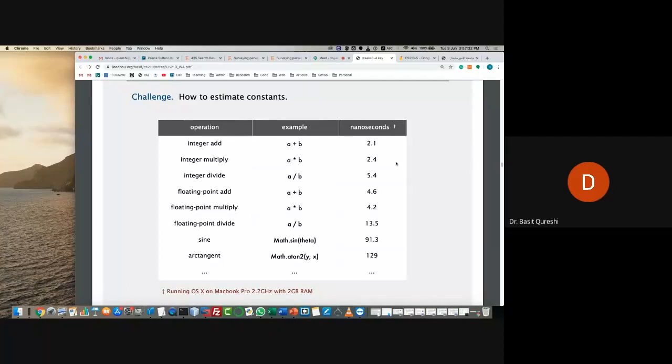You can see operations like add, multiply, divide, and how many nanoseconds they take. Nanoseconds are very small: 10 to the power of -9. These operations take very little time. Even if you do 1 billion of them, it's still going to be just a second, maybe less, or a bit more than a second.